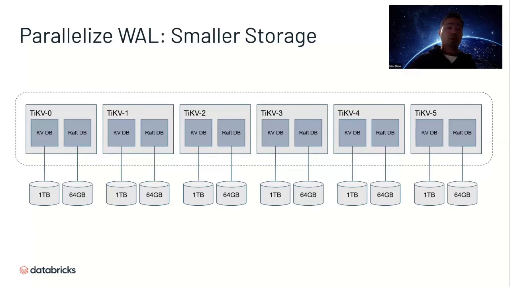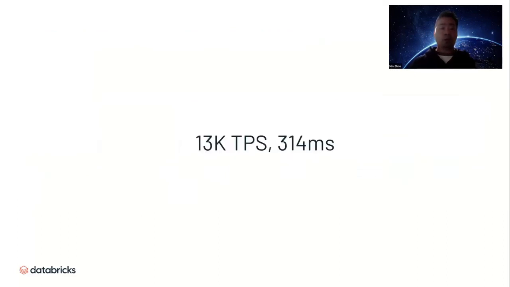For example, in this case, we launched 6 TiKV pods, but each TiKV pod has half the memory, half the CPU, and half the storage. For example, we allocate 1 terabyte for each TiKV pod.